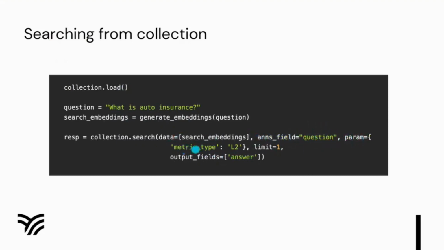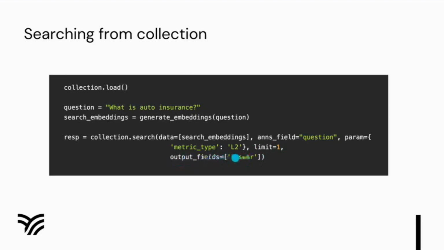In the parameters we need to give the similarity metric that we want to use to calculate the similarity between the input vector and already existing vectors, right? The limit is one. We want to return only one result in the output, and the output field is what we want in the output.